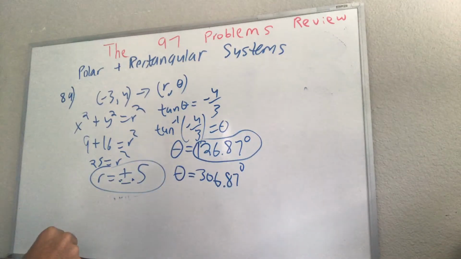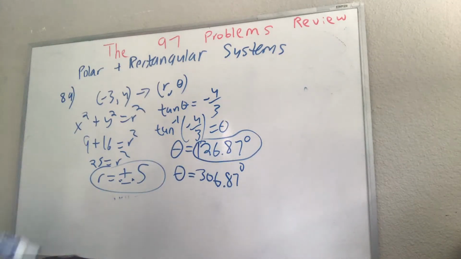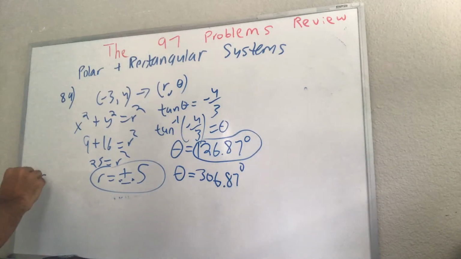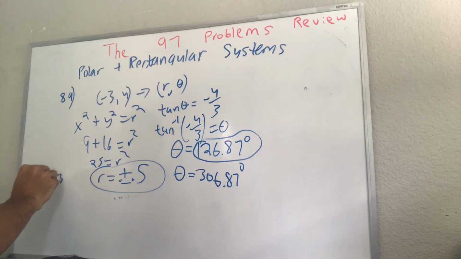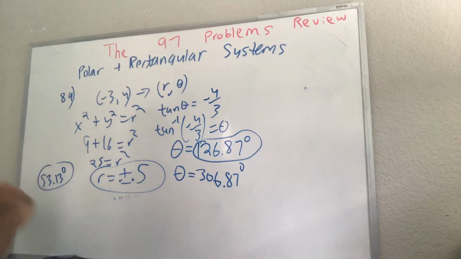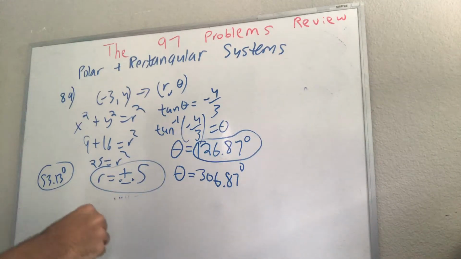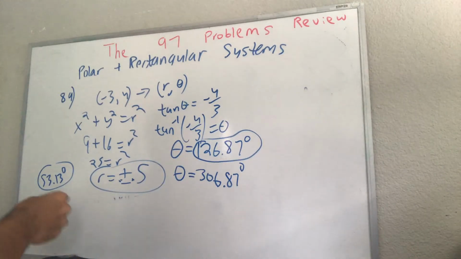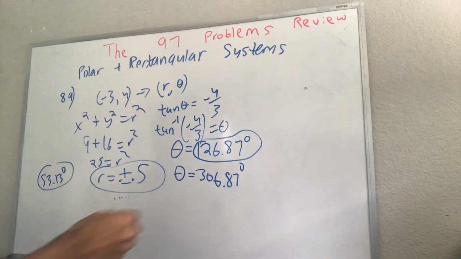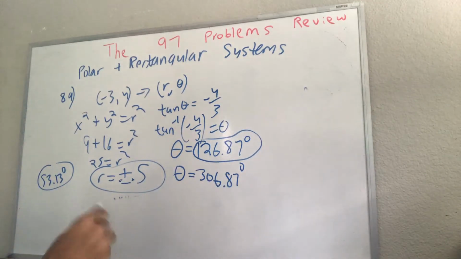If I find the tangent inverse of 4/3, then I know that's 53.13 degrees. If we go in the clockwise direction and subtract this value from 360, we get 306.87 degrees. So we know that this is a possible angle.